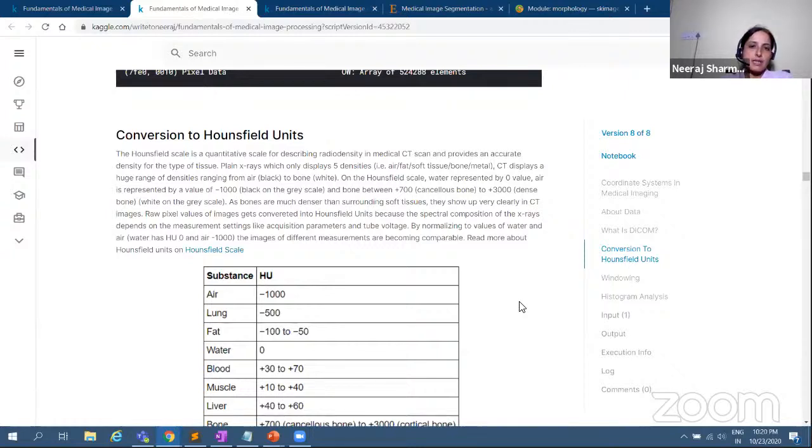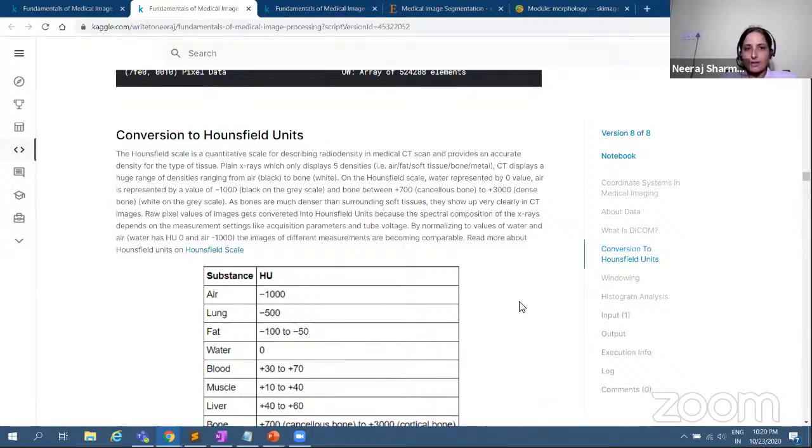The standard of the scale is water, which is represented by the 0 value. We need to understand that this Hounsfield unit basically gives the density of the tissue. Water is the standard.